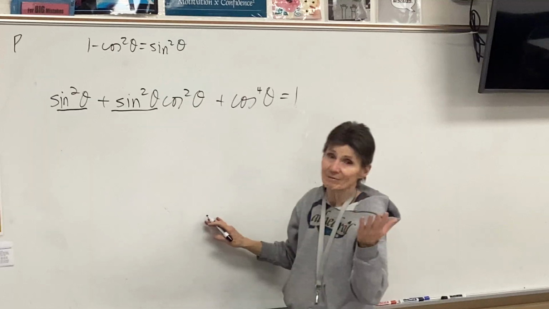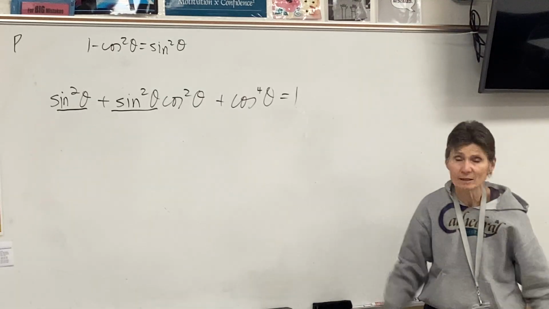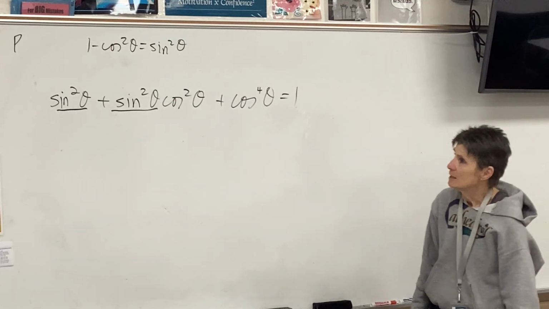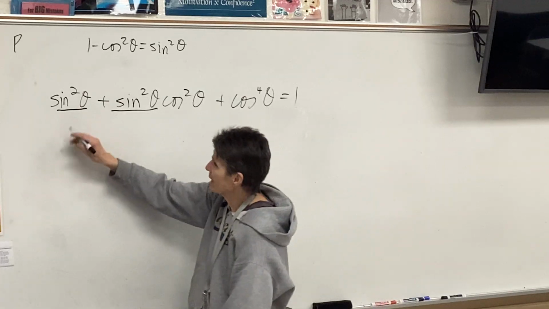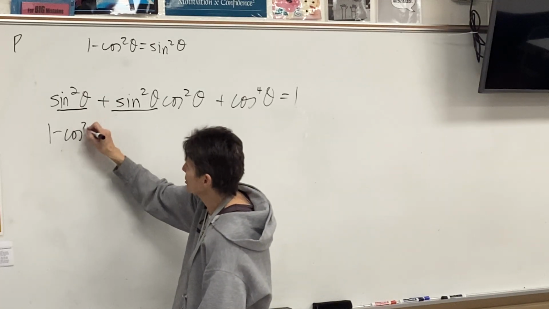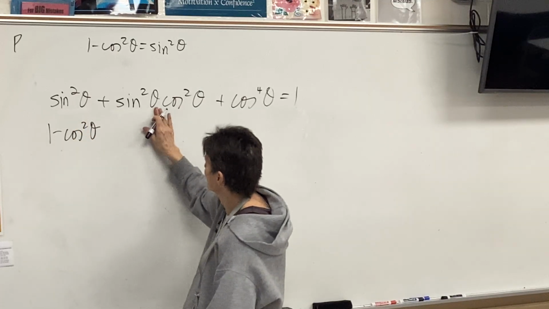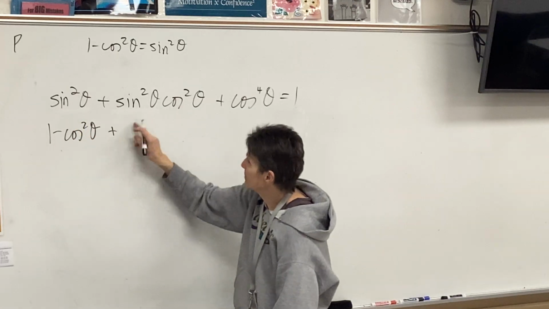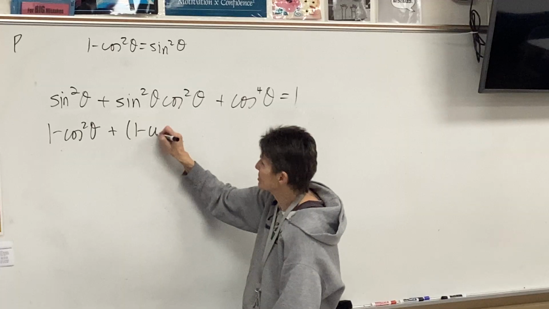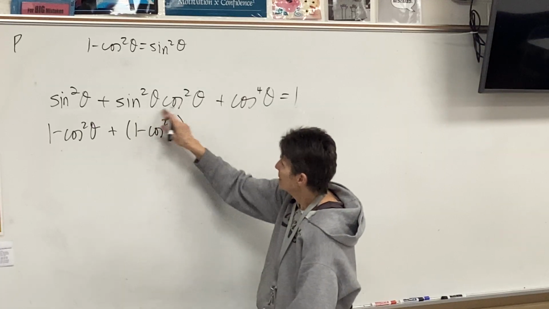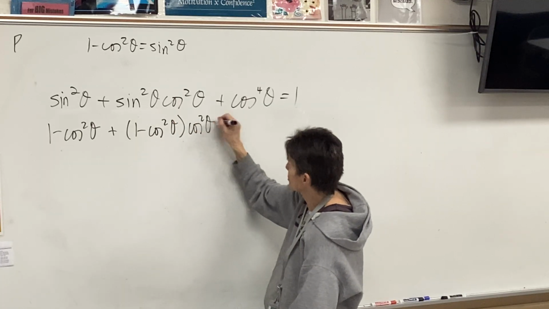And if you don't have that written, you absolutely should. We use it a lot. So this sine squared, I'm going to replace it with 1 minus cosine squared. And then I'm going to do the same thing here. So this is 1 minus cosine squared, but this one is times a cosine squared.